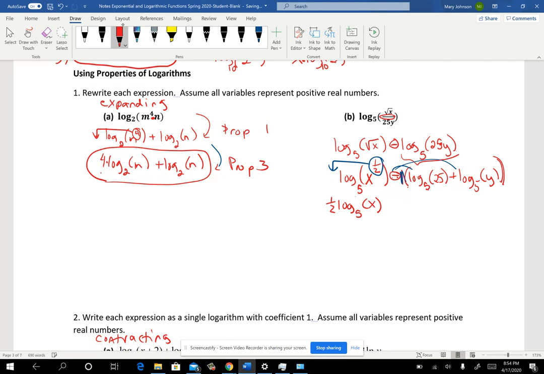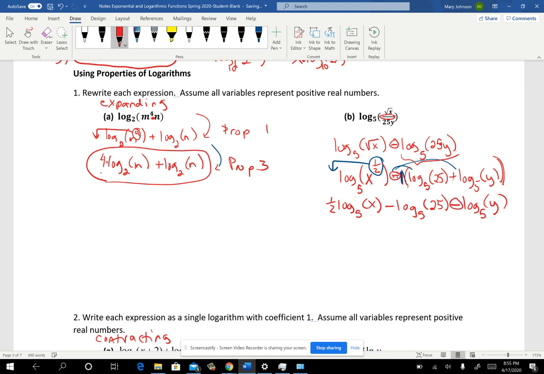We're going to distribute the negative 1 throughout. So that's log base 5 of 25, and then negative times a positive is a negative log base 5 of y. Now you might want to just go right to separating it like that. See how both the 25 and the y are in the denominator?